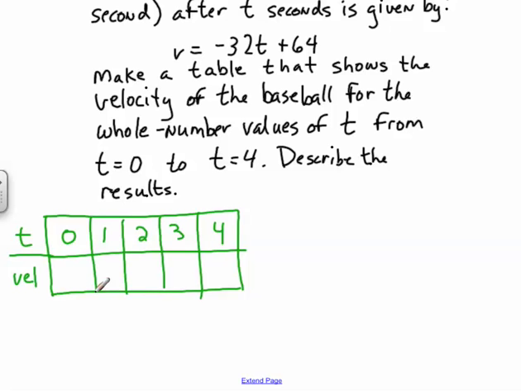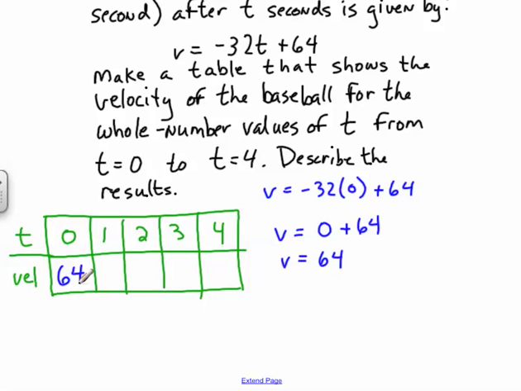The first one's easy because t is 0, so v equals negative 32 times 0 plus 64. That means after 0 seconds, its velocity is equal to 0 plus 64. So just as it's hit, its velocity is 64. Okay.